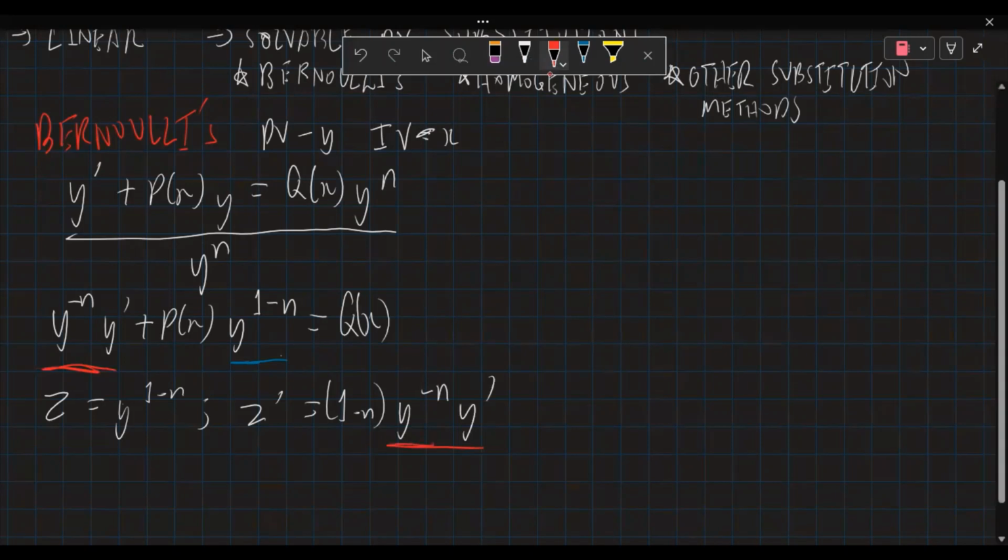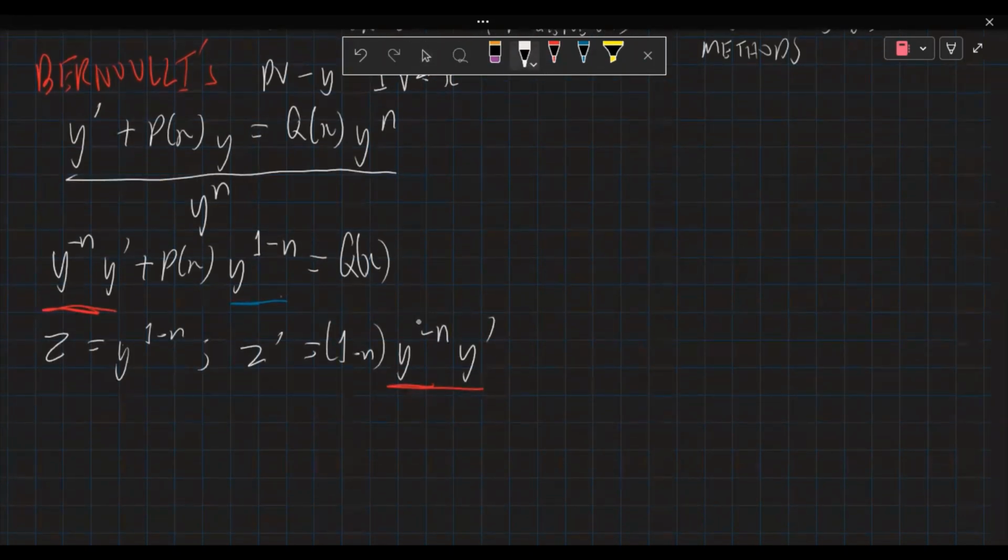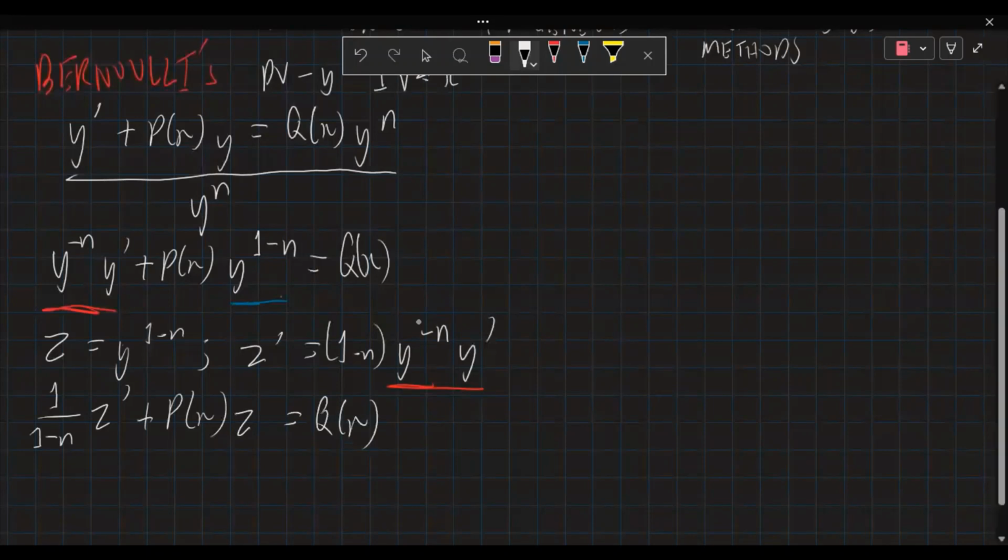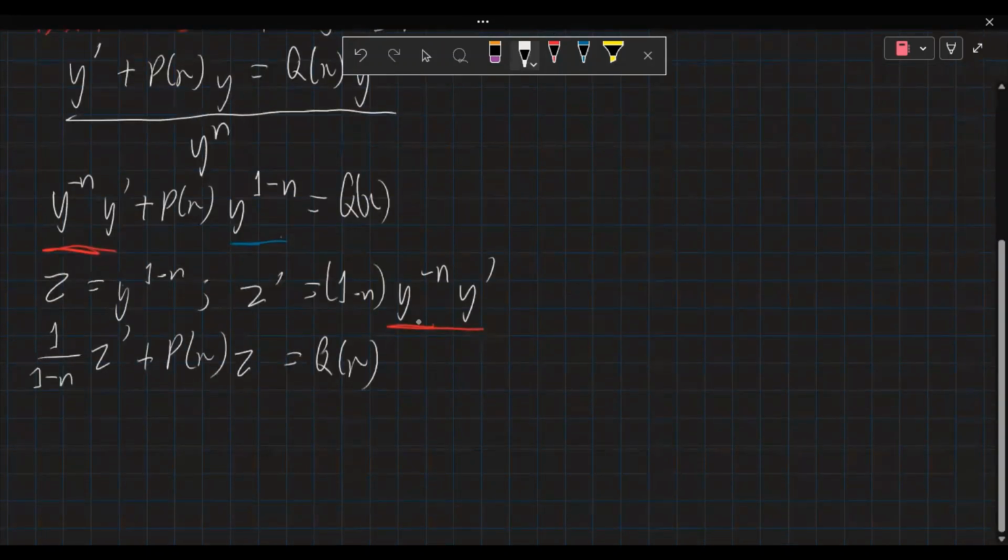So we can substitute it even further. So a very, very clean. And let's substitute it. So this becomes 1 over 1 minus n z prime plus p of x z equals to q of x. And then we can see that it is becoming a linear function.